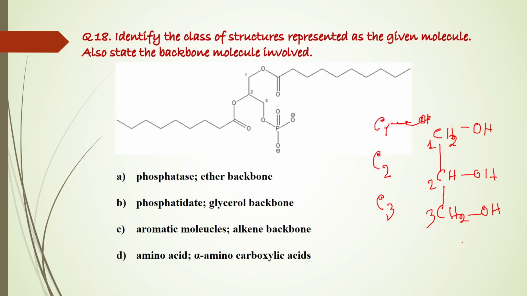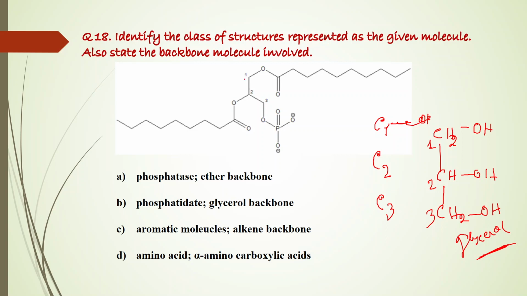So what is this molecule? The backbone structure? It is nothing but our glycerol. So it has a glycerol backbone. We can already tell, and by identifying that you should already select the correct option. Let us look at the classification as well.